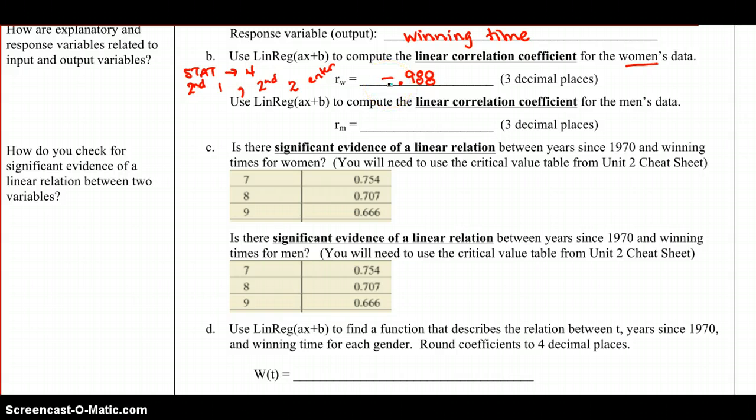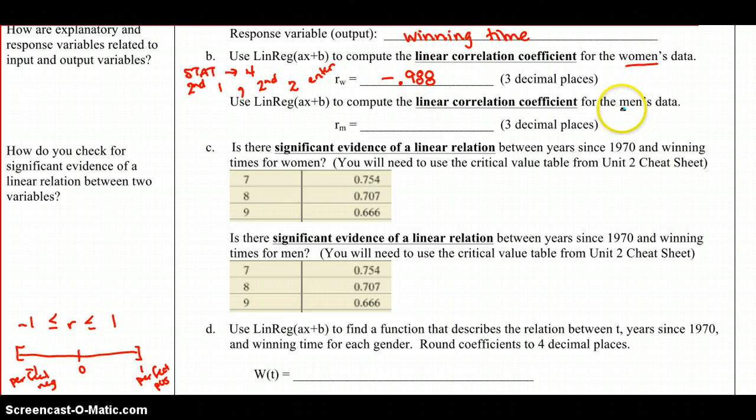So let's just write over here somewhere a reminder about R. R is between -1 and 1, where -1 would be a perfect negative relationship between the two variables, and +1 would be a perfect positive linear relationship between the two variables. So this value we're getting is really, really close to -1. So a really strong negative relationship between the year and the winning time for the women.